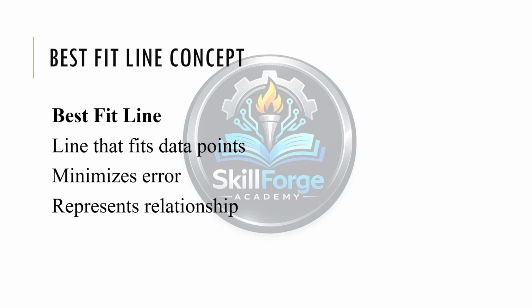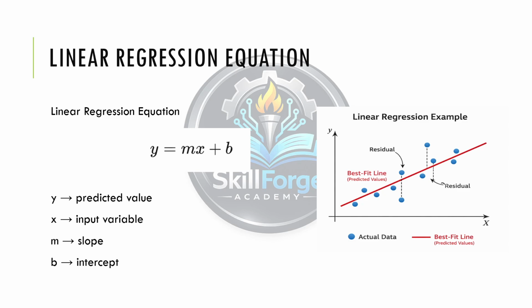Okay. Imagine we have a set of data points plotted on a graph. Our goal is to draw a line that best represents these data points. This line is basically called the best fit line. And how do we decide which line is best?